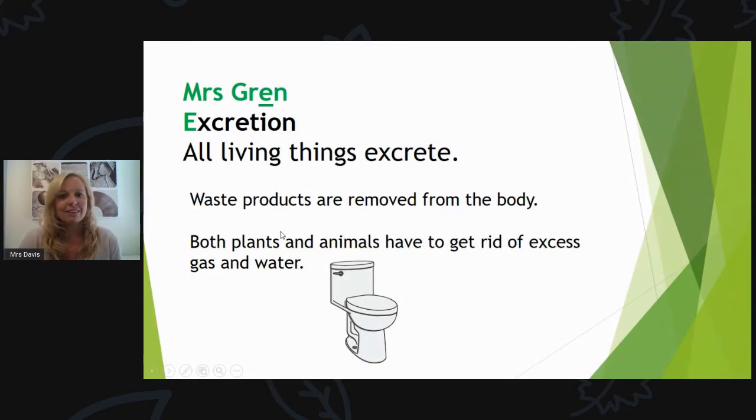Excretion. All living things excrete. So waste products are removed from our body. Both plants and animals have to get rid of excess gas and water. We spoke about this yesterday, where we talked about how animals and humans get rid of waste. So do plants. They get rid of excess water and gas through their leaves.